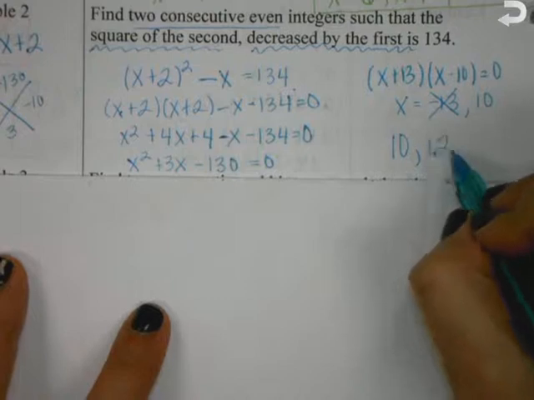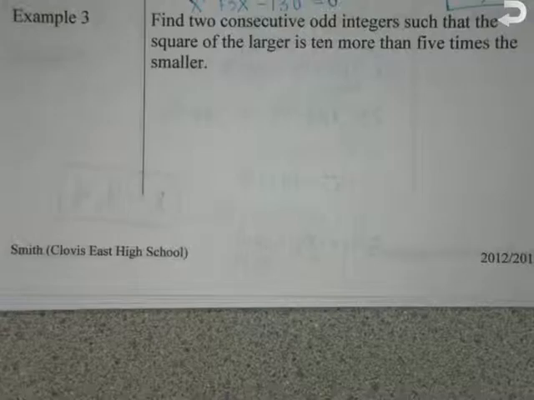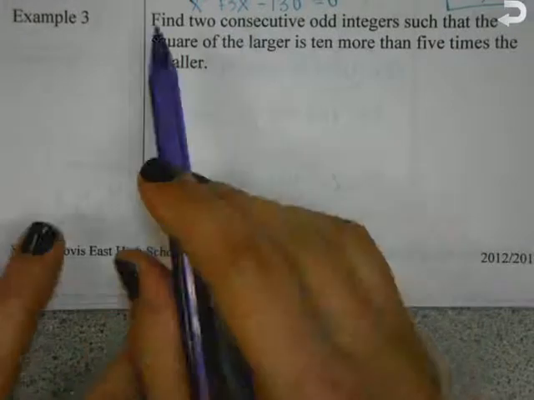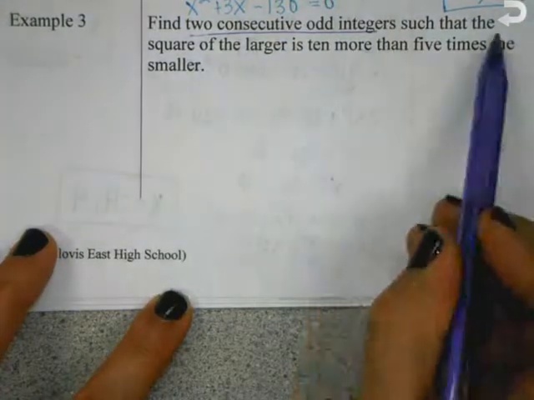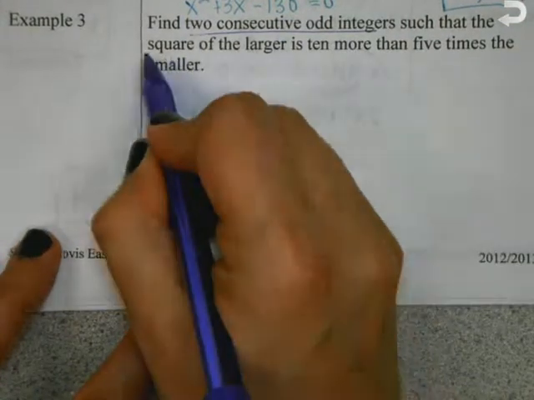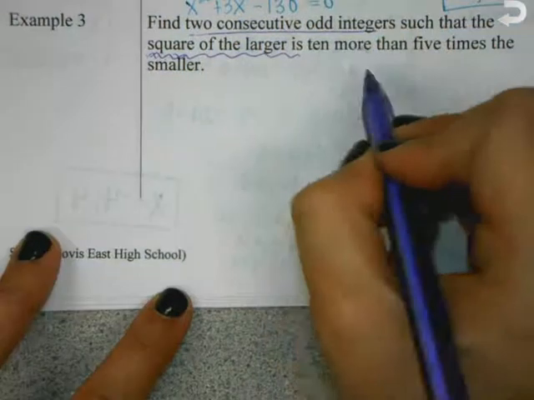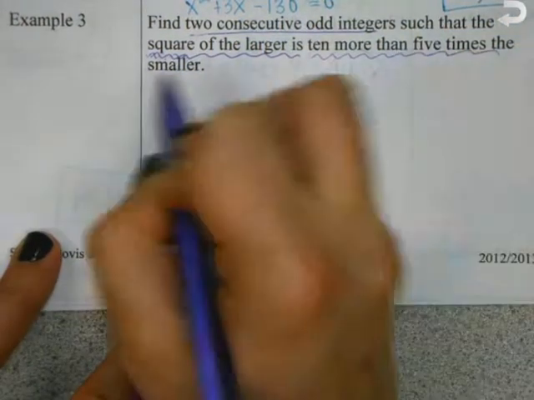Okay, last example, example 3. Find two consecutive odd integers such that the square of the larger is 10 more than 5 times the smaller. Okay, two consecutive odd integers.